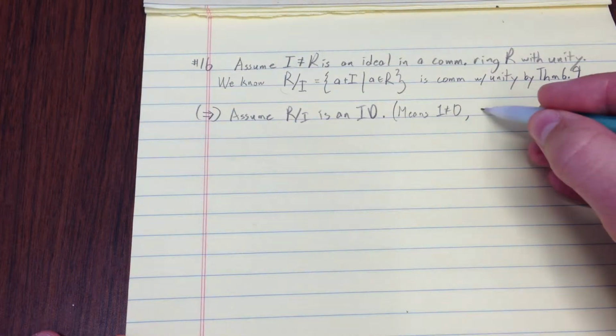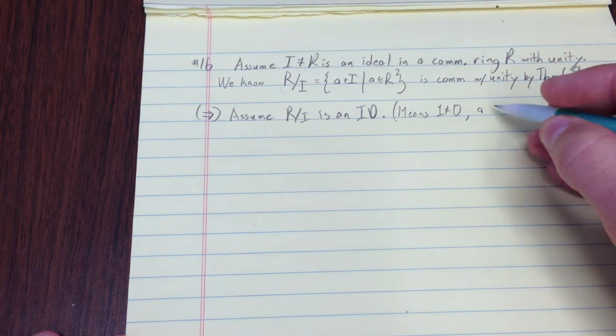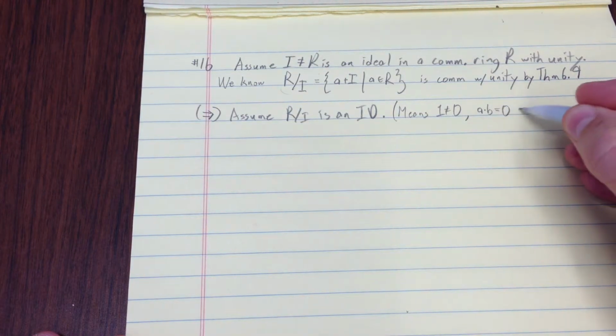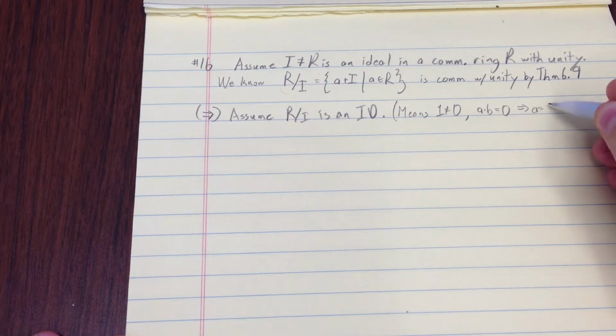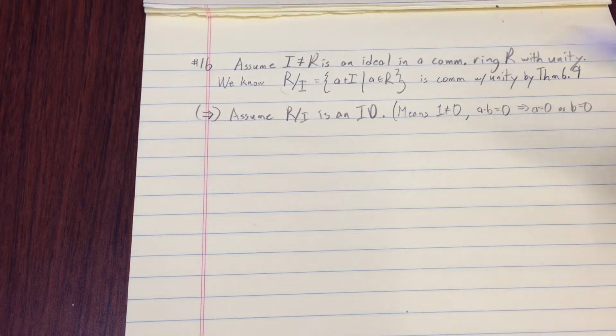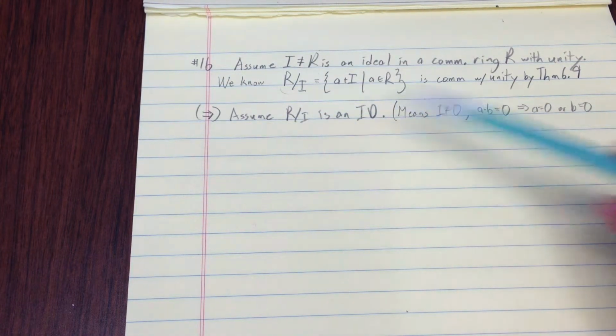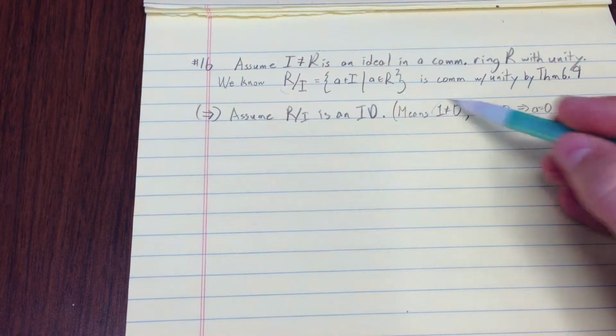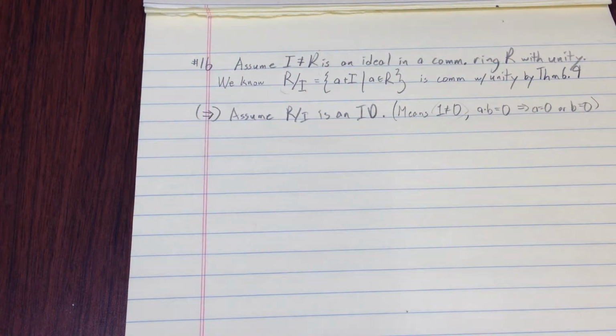So A times B equals 0 implies A equals 0 or B equals 0. There are no zero divisors. Now, what's that look like for elements in R mod I? This is the general meaning, so let's visit that property to start with.